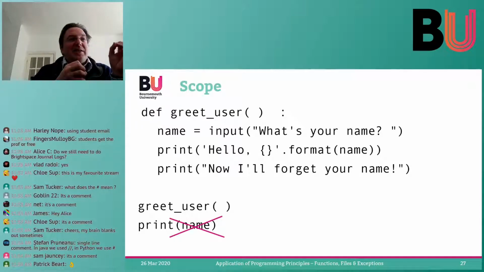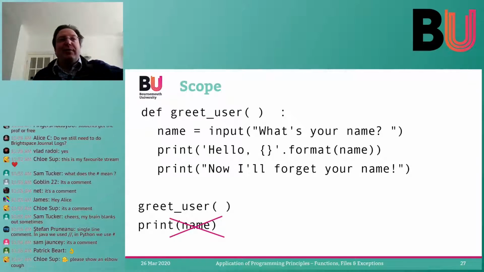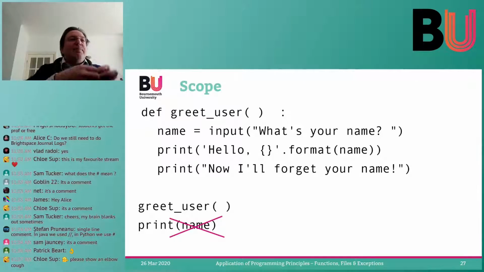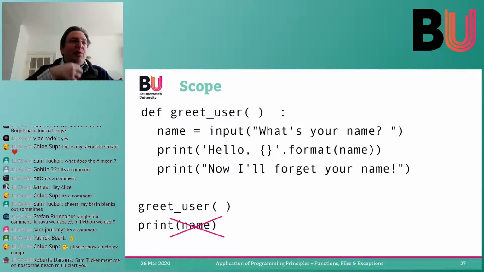Not only does it exist in that function, it only exists in that particular function call. Every time you call that function, it creates a new variable for that particular call of the function where you can store the name, and it disappears afterwards. So if you call greetUser inside greetUser, you would have 2 copies of the name variable.